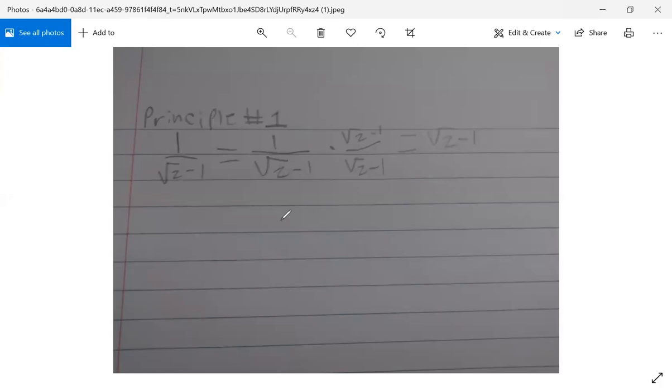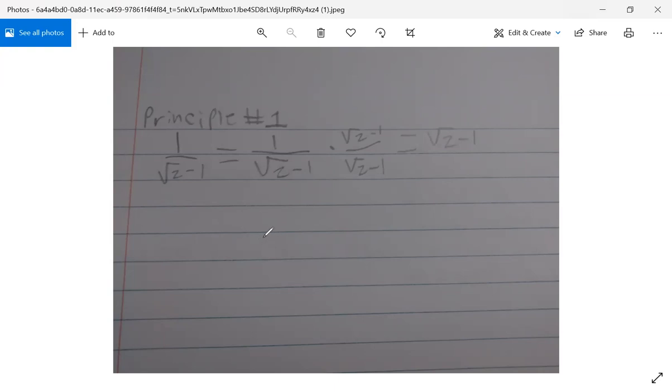So how do you know if his answer is right or wrong? Did I just tell you a simple way to check it? If you plug in the numbers in your calculator, you're not going to get the same answer. Are you going to get the same answer? No. So obviously there's something wrong, right?